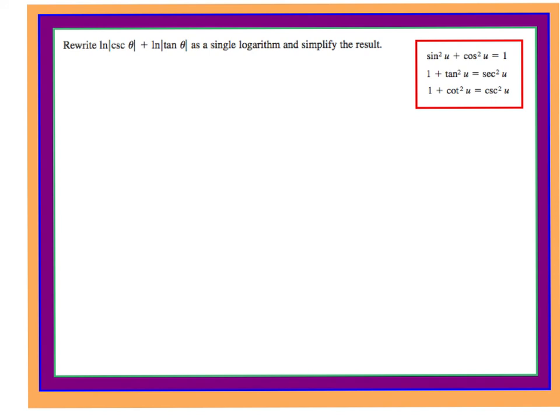So if I have natural log of cosecant theta plus natural log of tangent theta, if I condense this, we have addition going on, so that means multiply. So now I have natural log of the absolute value of cosecant theta times tangent theta. But it asked me to simplify the result, so what is cosecant? 1 over sine.